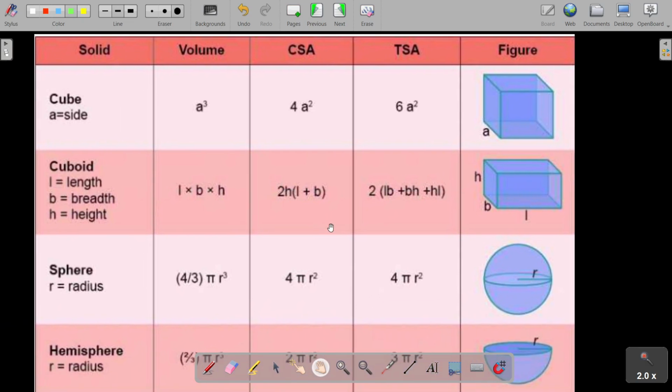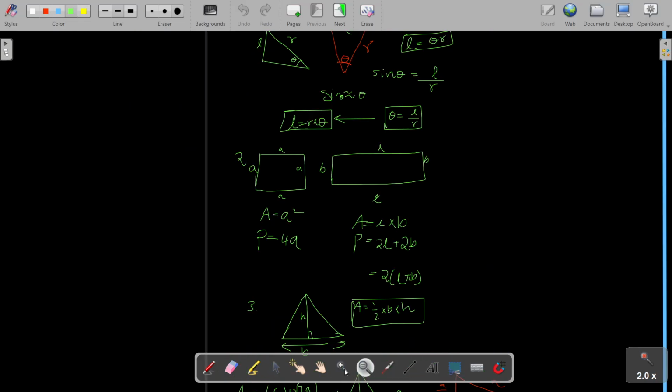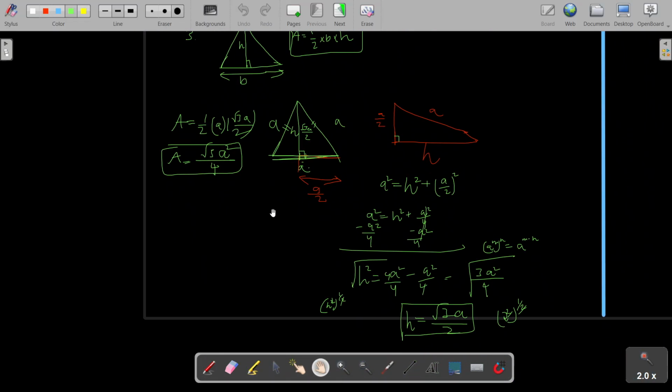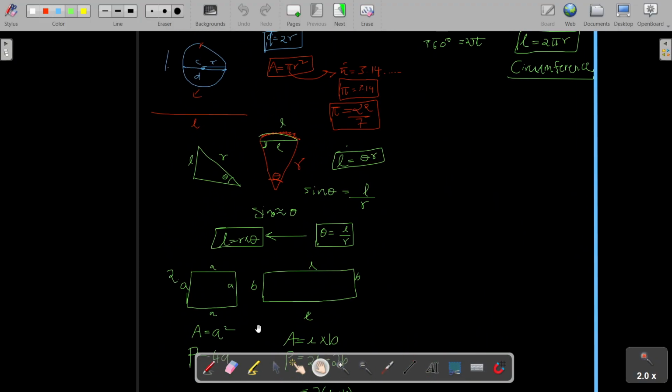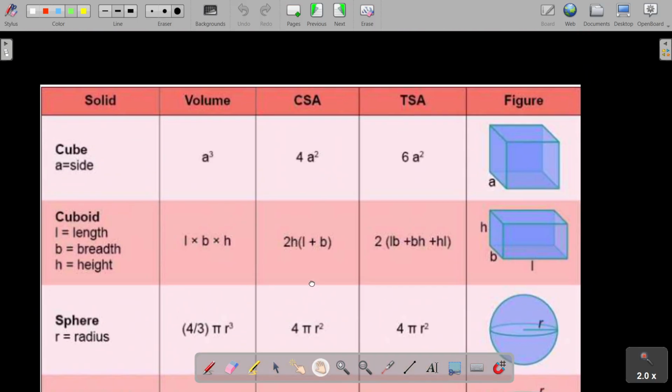Remember one thing. You need to remember all these formulas of 3D shapes to do any type of calculations. I'm going to explain the terminologies involved for cube, cuboid, sphere, hemisphere, cylinder, and cone.